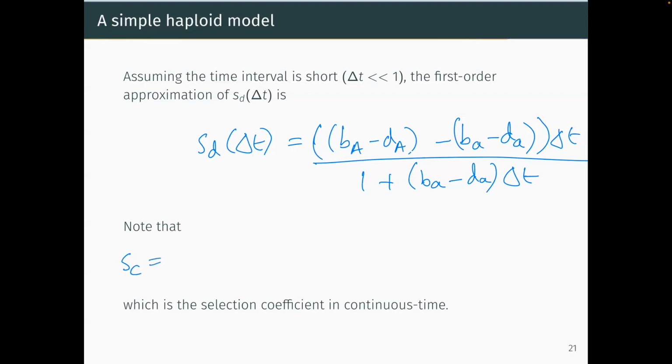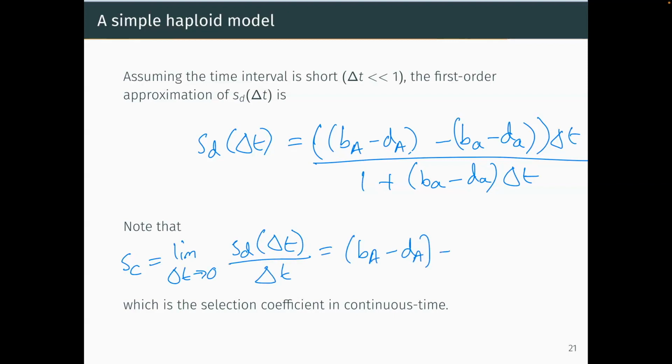If we define this to be the limit as delta t tends towards 0 of SD of delta t, so our discrete time selection coefficient over a window of size delta t, divided by the length of that window delta t, this ends up just being that term in the numerator.